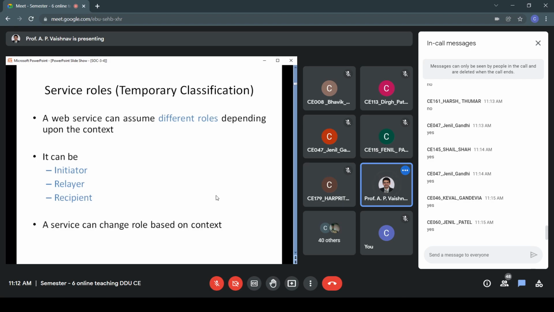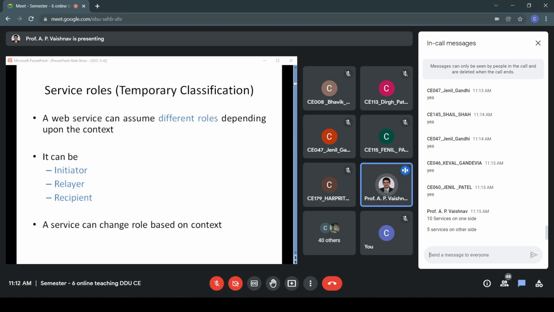Correct, right? So if you are having 10 services on one side and there are 5 services on the other side. When I say side, that means two different solutions, right? Two different companies are talking to each other.